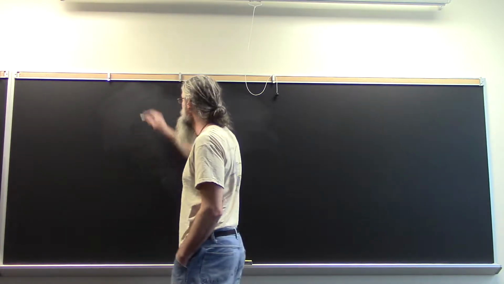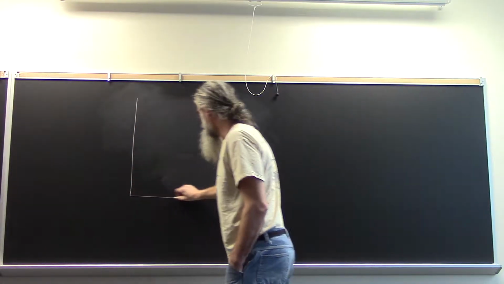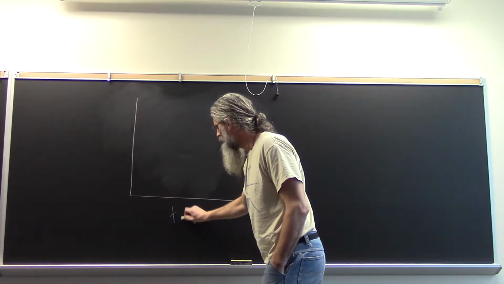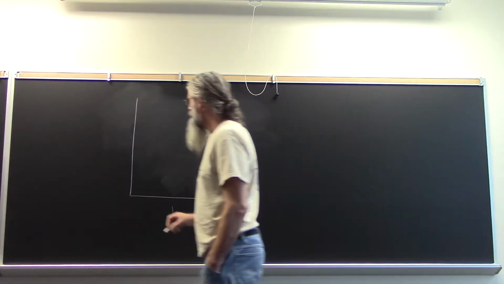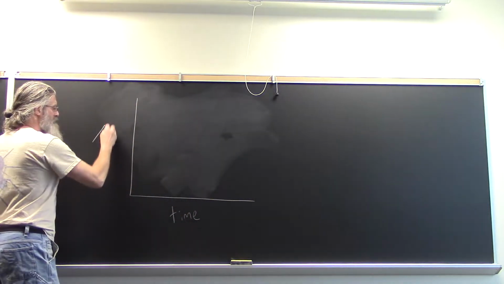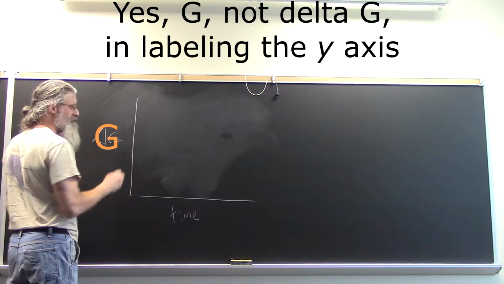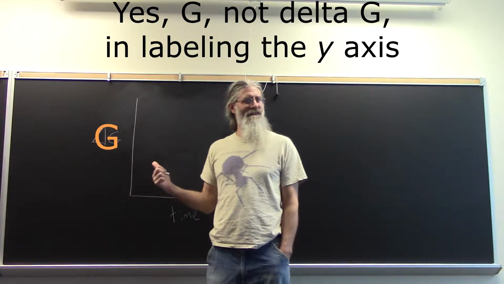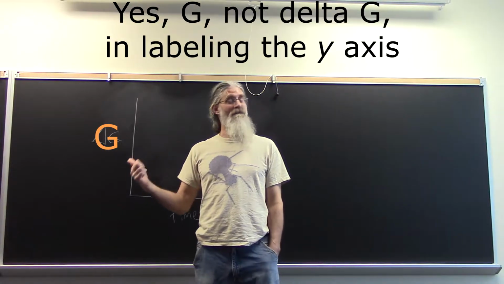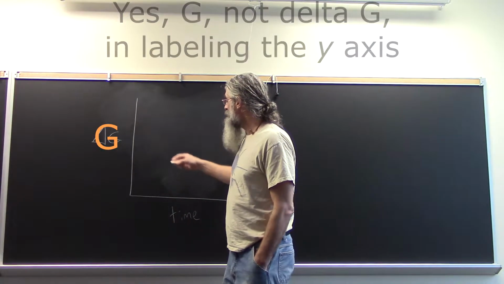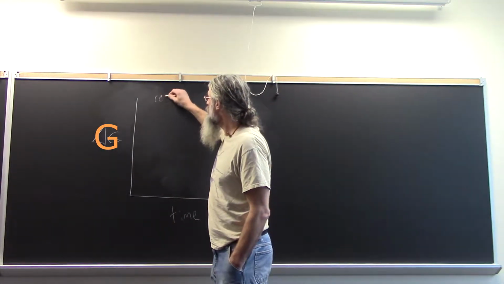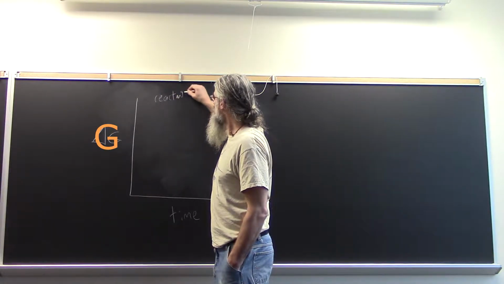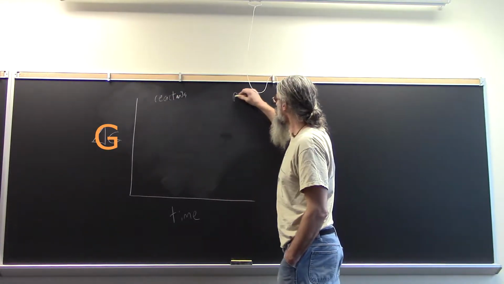So let's see if I can get this right. You've got basically time down here, and you've got delta G here. G is the Gibbs free energy term. And then you'll have the reactants, and you've got the products.